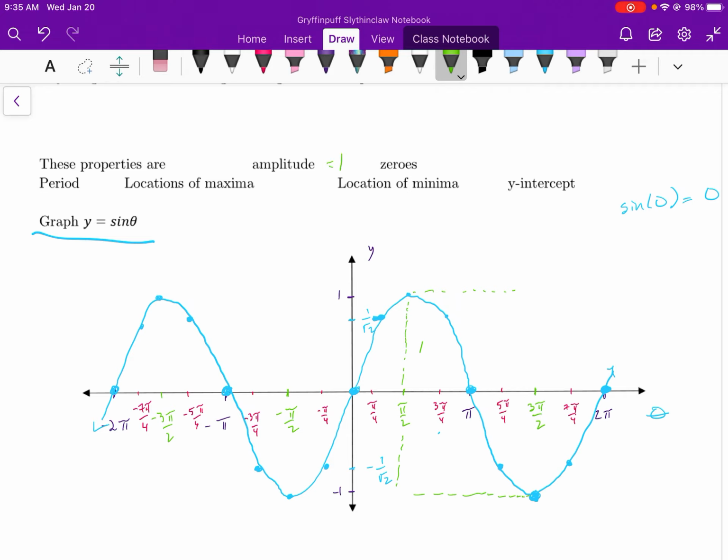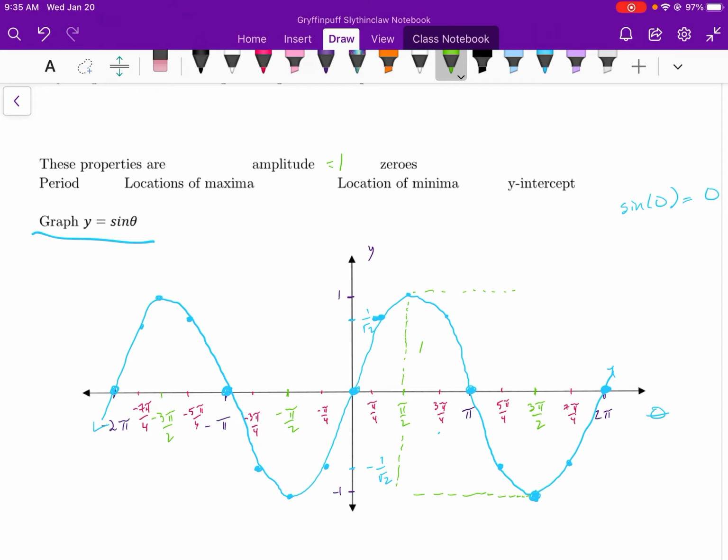So half of this distance is my amplitude. Amplitude is 1. Or in other words, what is the vertical middle of the graph? Well, it's going to be y is equal to 0. The distance from that line to the crest is also 1. So that's partly the amplitude.